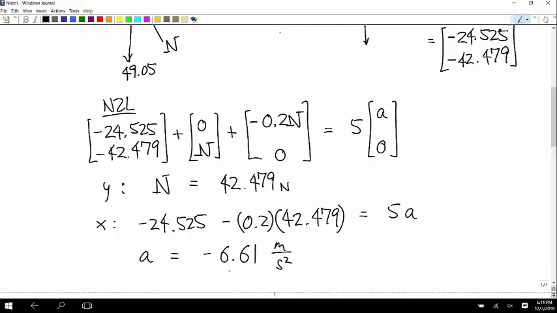And now take this variable value and plug it into this thing here. That is the acceleration vector.